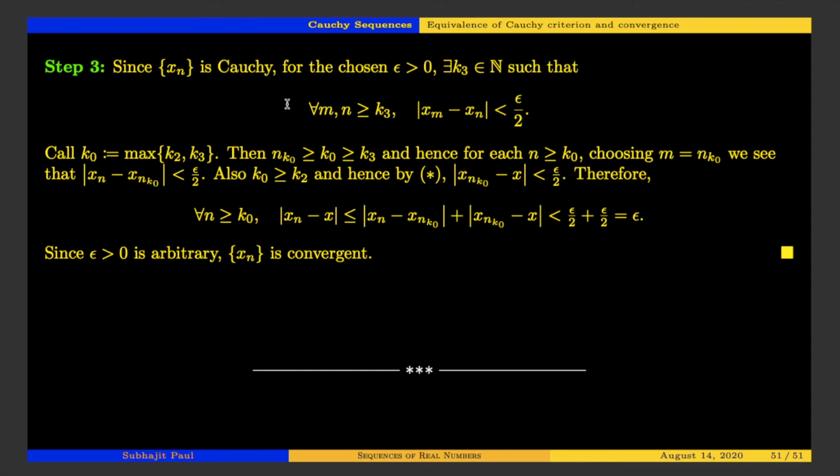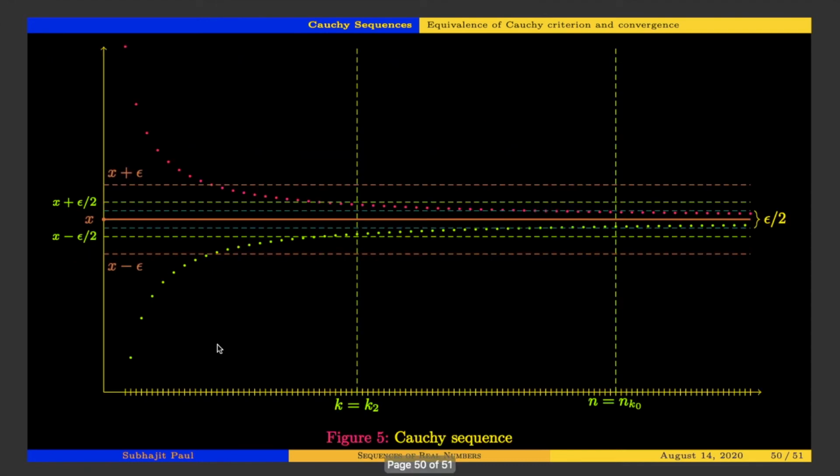Understand this thing. Forget about these ones over here. Since it is Cauchy, the terms are getting close to each other. There is this part of the sequence which is converging to a limit, and since the other part is glued to this one by Cauchiness, these two parts are close to each other.